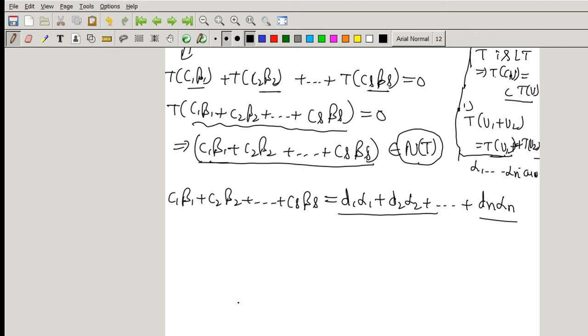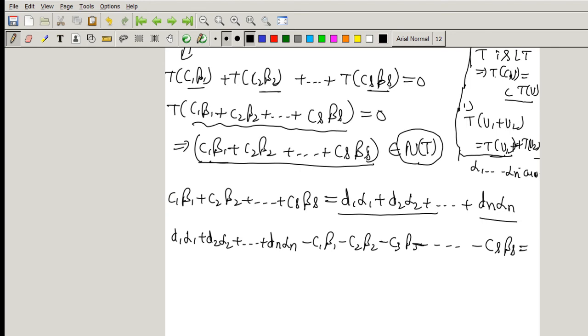Therefore, shifting this to the RHS, we are left with d1 α1 + d2 α2 + ... + dn αn − c1 β1 − c2 β2 − c3 β3 − ... − cs βs.